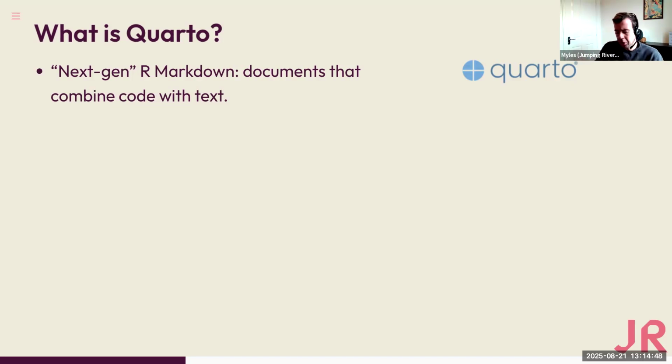You start with a text file with your Markdown text, and you've got some formatting options, and then you can render that and convert it into PDFs, like PDF reports, HTML documents for the web, presentation slides. So it's a really nice format. And one of the main things about R Markdown is that it combines code with plain text. So if you're ever writing a document and you want to have both code and text visible, both Quarto and R Markdown are really good choices for that.